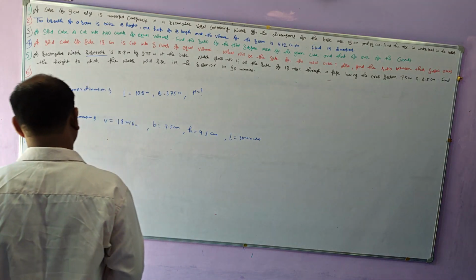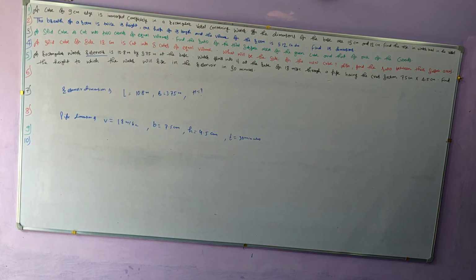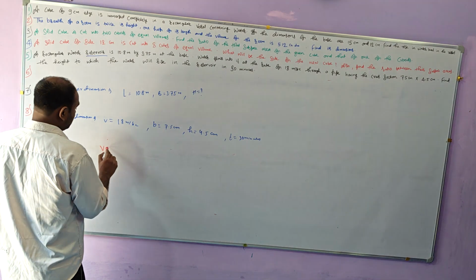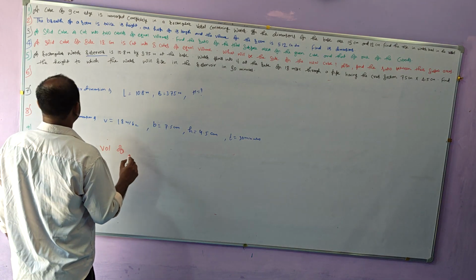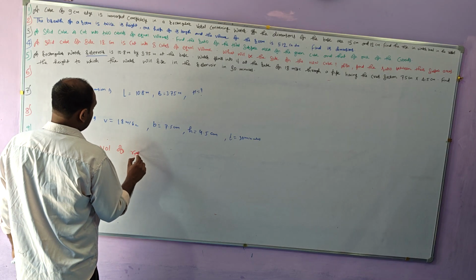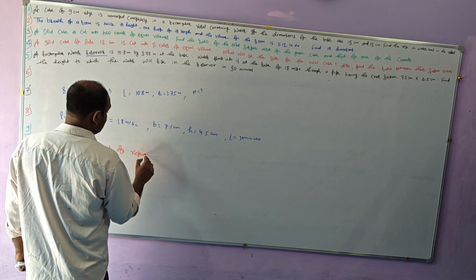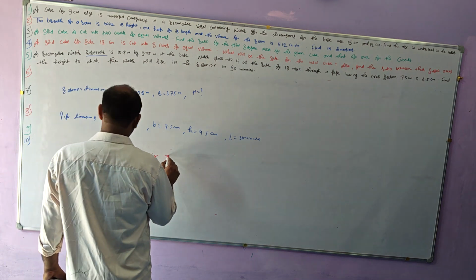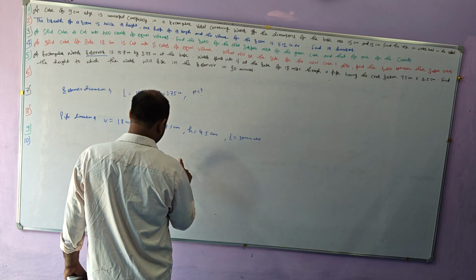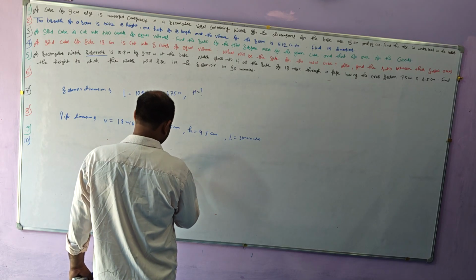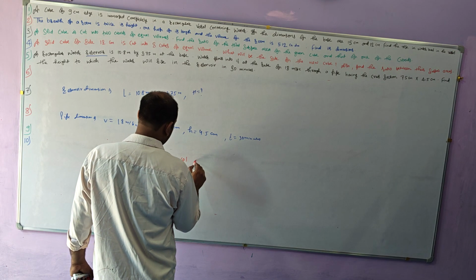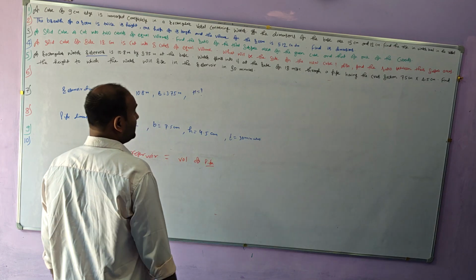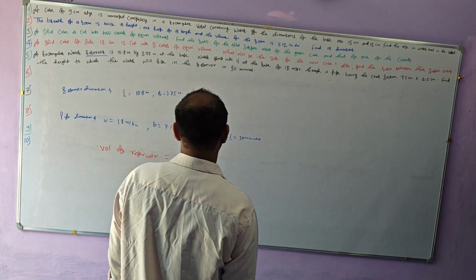So volume of reservoir is equal to volume of pipe at 30 minutes.